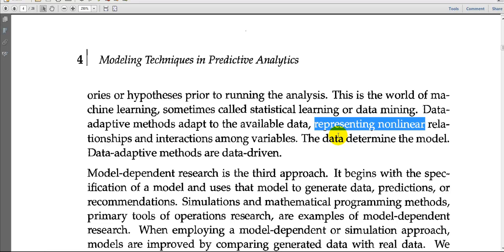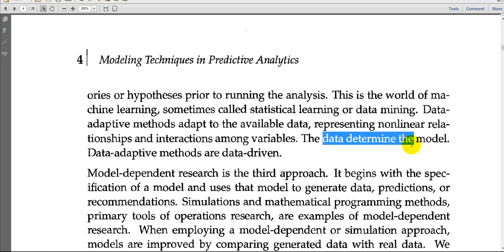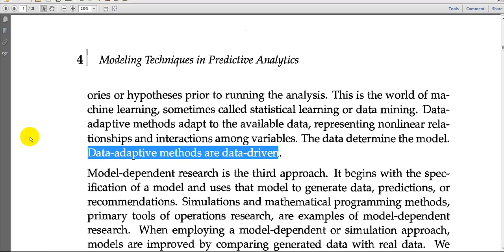That's not so straightforward, and so we won't generally come up with that kind of model on our own. But the computer or data mining methods could definitely come up with that kind of model or something much more complicated. So it's called nonlinear, and it will find nonlinear relationships and interactions among variables. The data determine the model. Data adaptive methods are data driven.